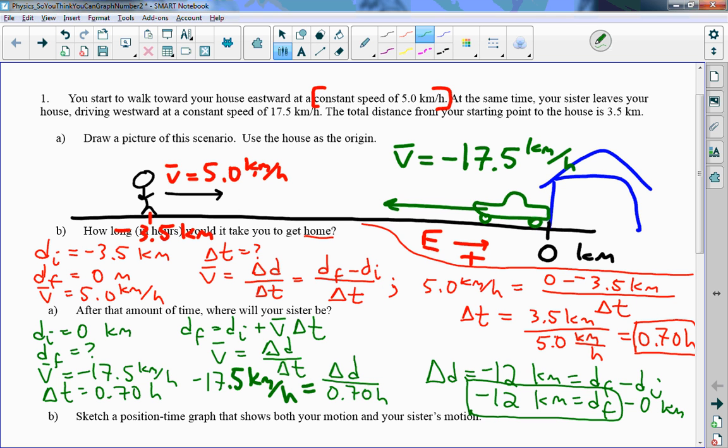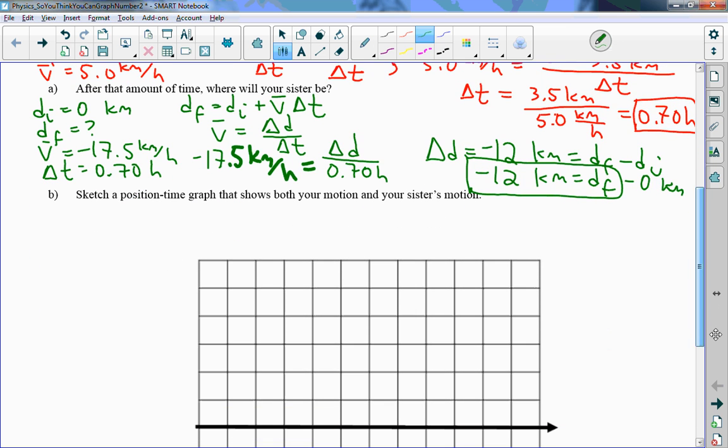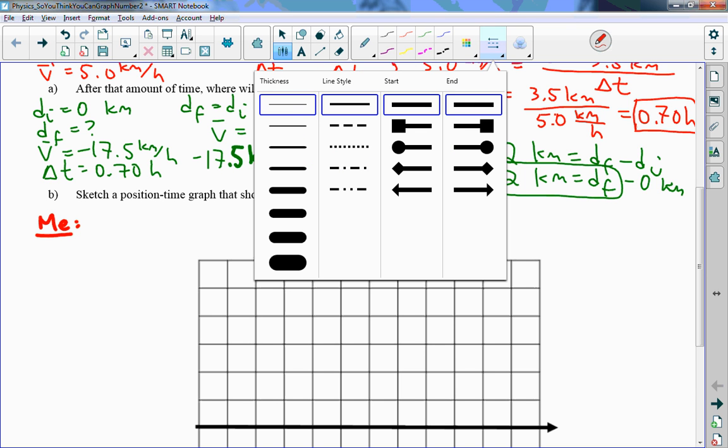So let's do that, because I have some points now. Let's list the points that I know. For me, I know a couple of points.